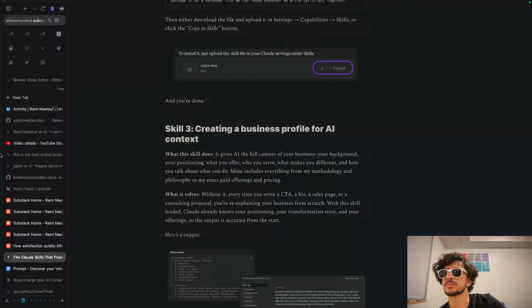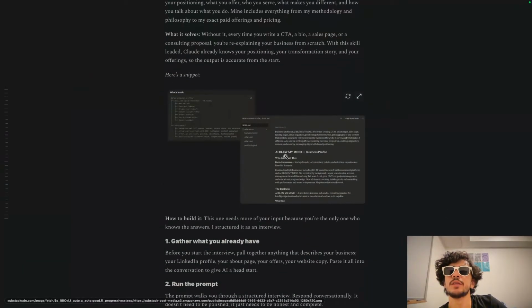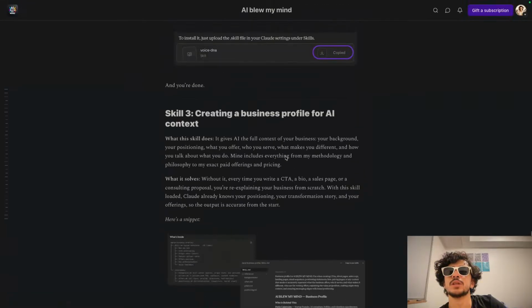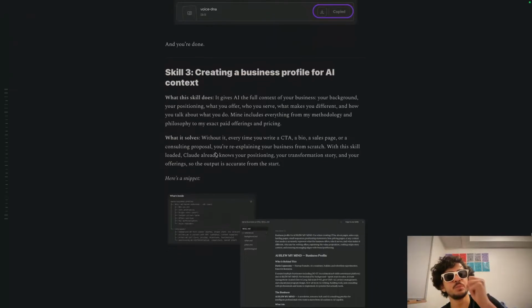And what shall we do while we're waiting? Look at the third one. Is this the third one? Yeah. Creating a business profile for AI context. What this skill does. Man, I feel so stupid for paying for this, bro. I can't believe I fell trapped into it. Oh, man.